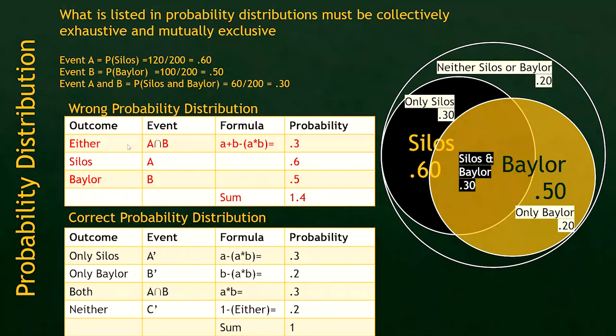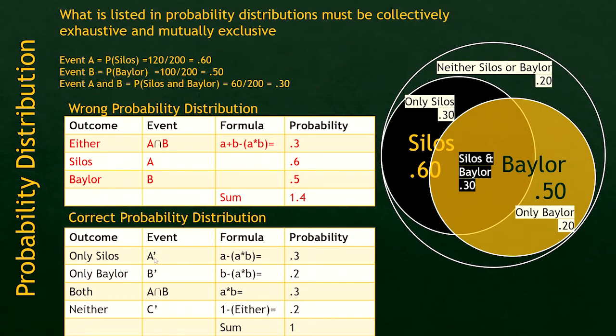So the probability of that intersection, the silos and Baler, plus silos plus Baler, that's not going to work either. You've got to have every single individual part represented in there in order for it to add up to 1. In other words, we're trying to compose this entire circle. We're trying to represent every single slice of this entire circle in a probability distribution.